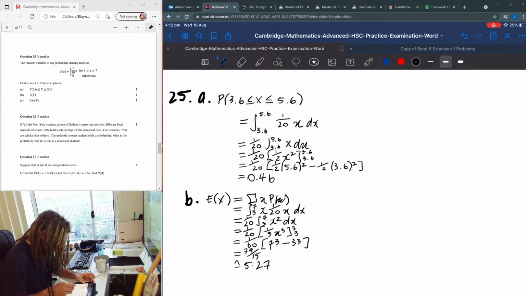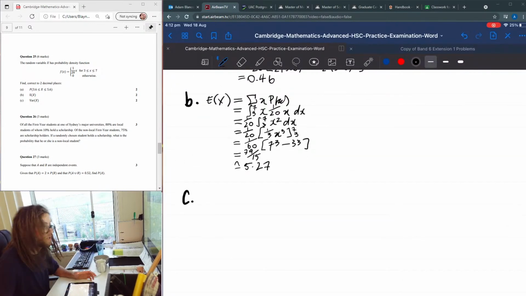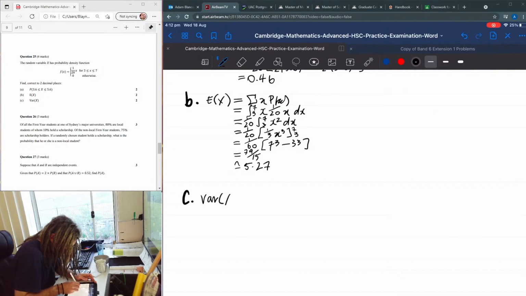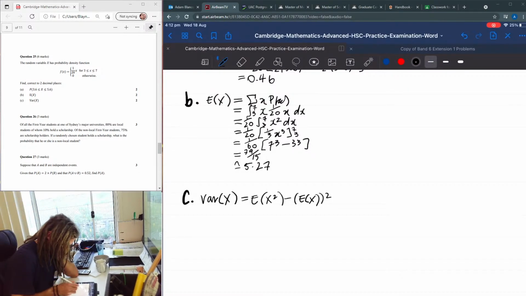All right, and C. Let me find another page. C, my variance. These formulas are on your reference sheet. The variance is the expected value of x squared minus the expected value of x, all squared, and we know what that is. Okay, so the expected value of x squared.